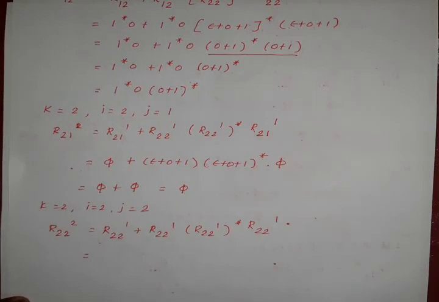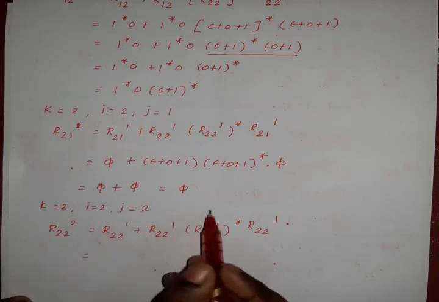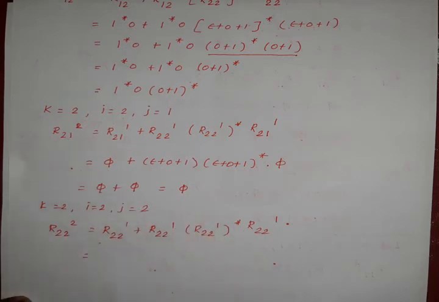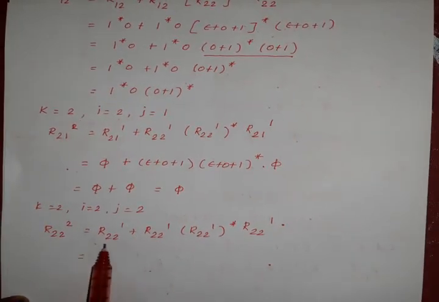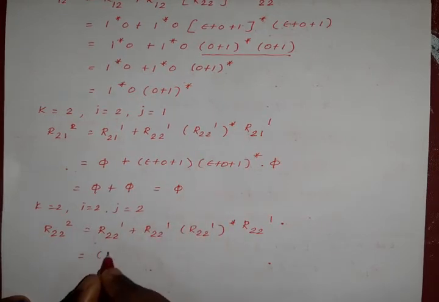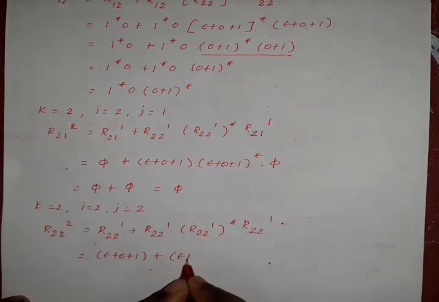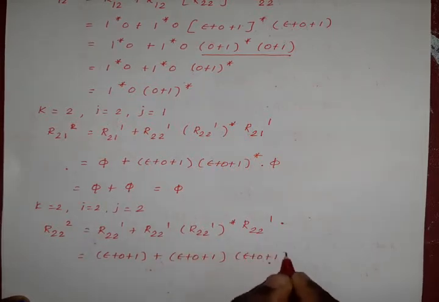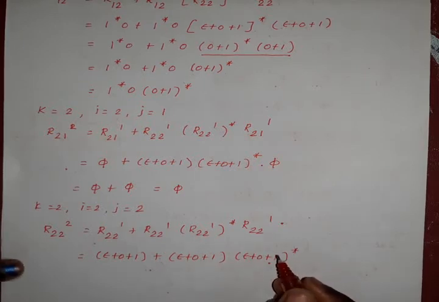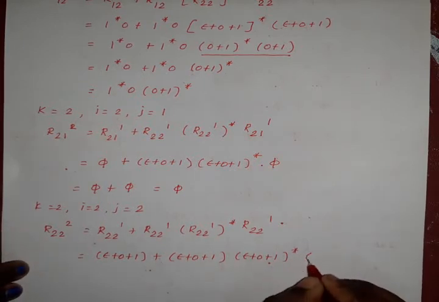So the last combination is k is equal to 2, i is equal to 2 and j is equal to 2. The combination is 2 2. So substitute these values in the given regular expression. We are getting this kind of expression, and we substitute the values. R22 power 1 has the value epsilon plus 0 plus 1. So the same value epsilon plus 0 plus 1, and the same value epsilon plus 0 plus 1 the whole star. All four expressions have the same value epsilon plus 0 plus 1.